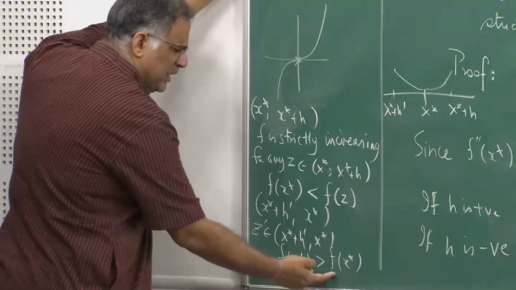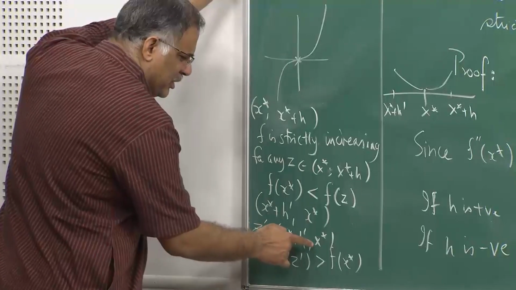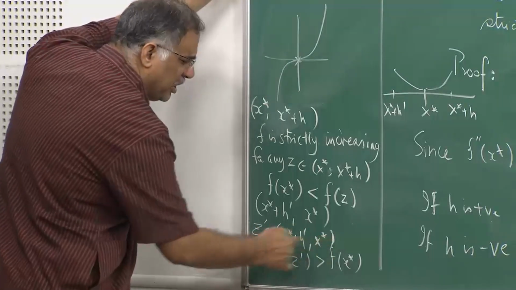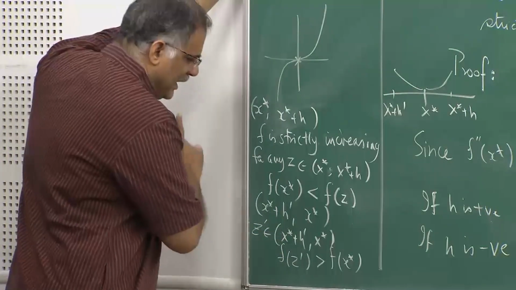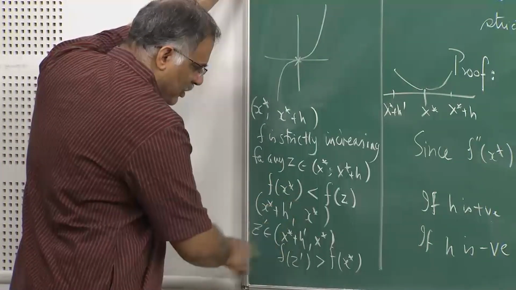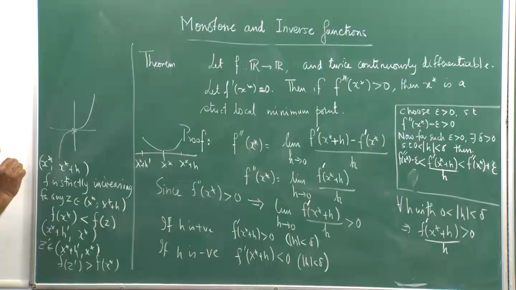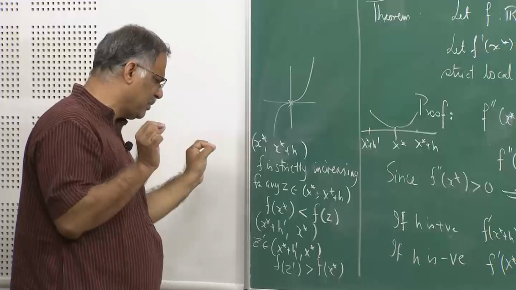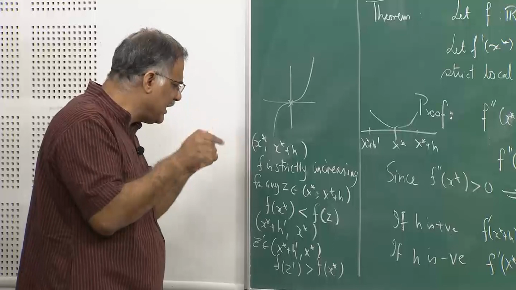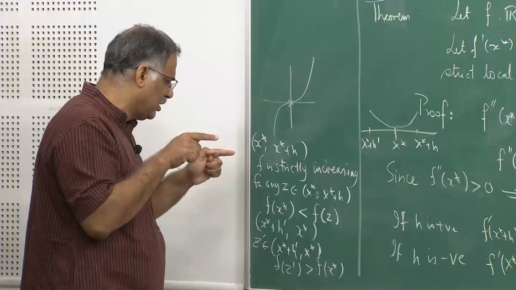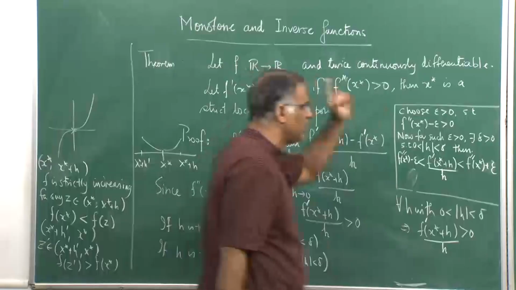Obviously I am taking a z dash which is not equal to x star, because I have taken it in the open interval. So, for any z in the interval x star plus h and x star minus h, whatever z I take, if it is not equal to x star, the functional value is strictly bigger, and hence it is a strict local minimizer.